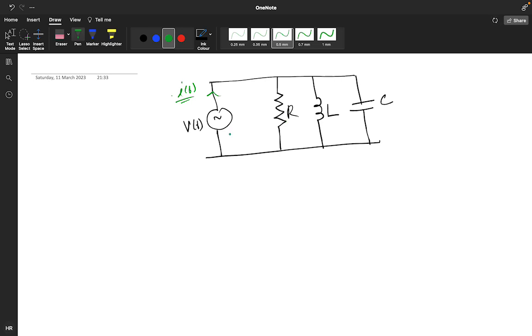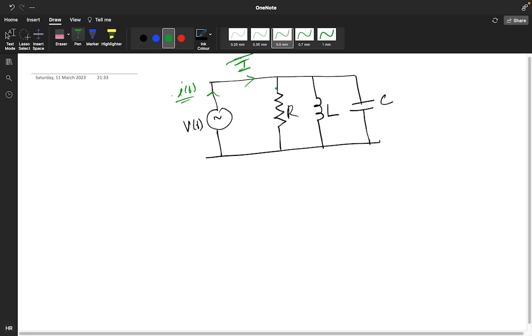So if I of t current is moving, I am taking that as the I phasor, this will be I1, this I am taking I2, this I am taking I3. So guys, this is your XL, this is your XC, and this is your R.